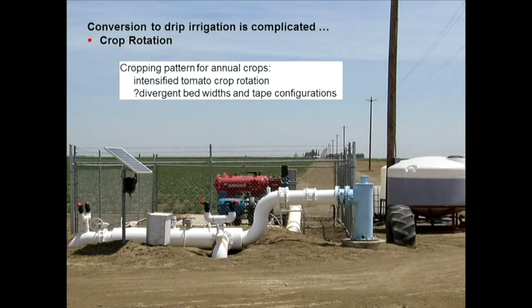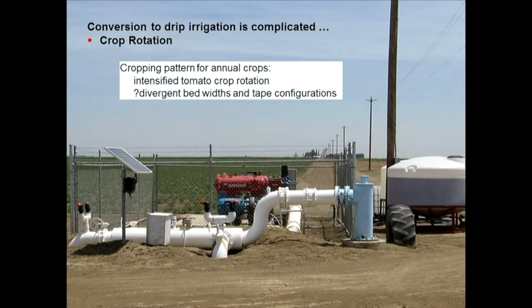I don't know what the metric measurement of that would be, but I'm not turning to Dan for that answer. So a single drip tape would be sufficient, but these alternate rotational crops need to fit into the system. And I think that was the last slide for me.